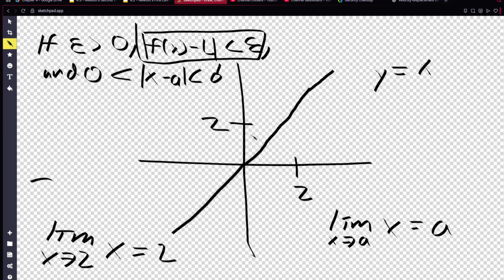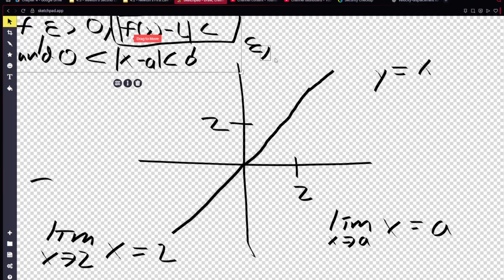So what does that mean? Epsilon is any preassigned distance from the limit value. So theoretically, you can denote it as infinite, or you can denote it as however big you want. So I can literally denote epsilon as right here, 2 plus epsilon, or I can even denote it even further, 2 plus epsilon, and further and further.